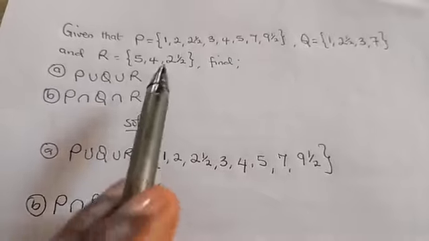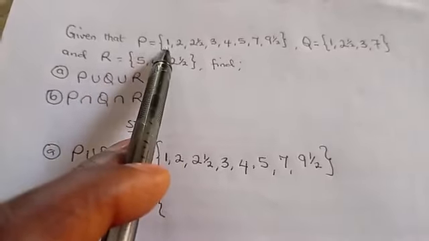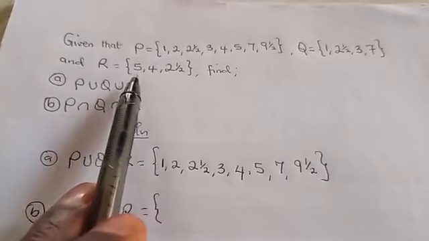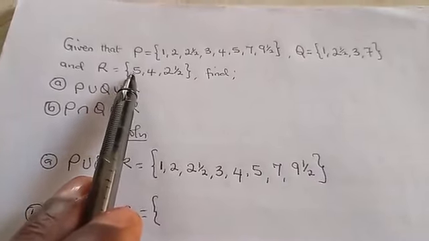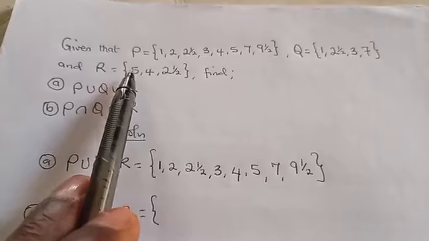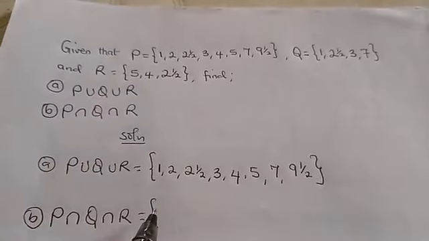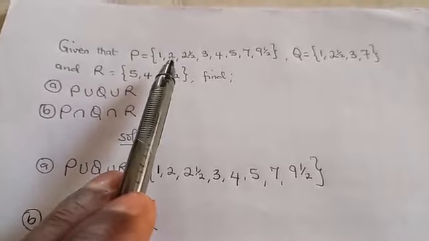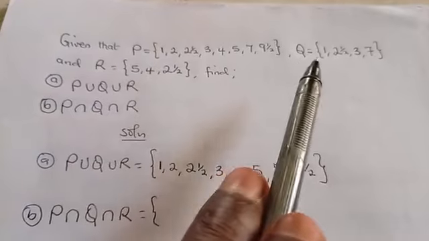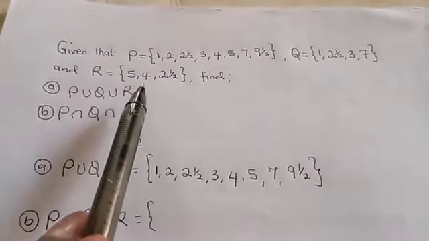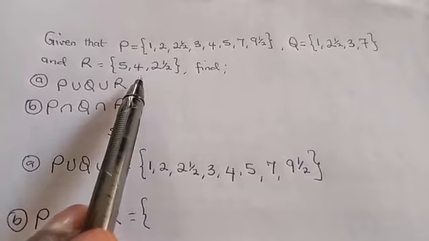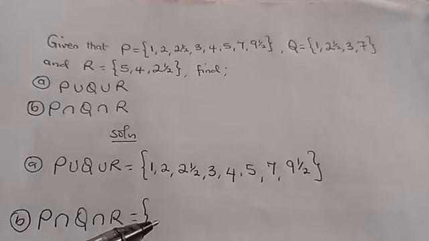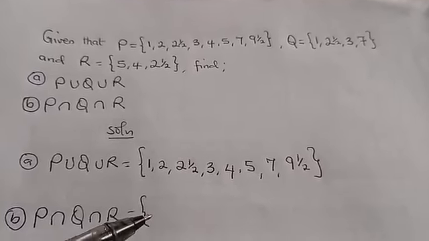So in set P, you have 1, in set Q, you have 1, and in set R, there is no 1. So 1 is not an element to be listed here. Also, there is 2 in P, there is no 2 in Q, there's no 2 in R. So 2 is not an element to be listed.